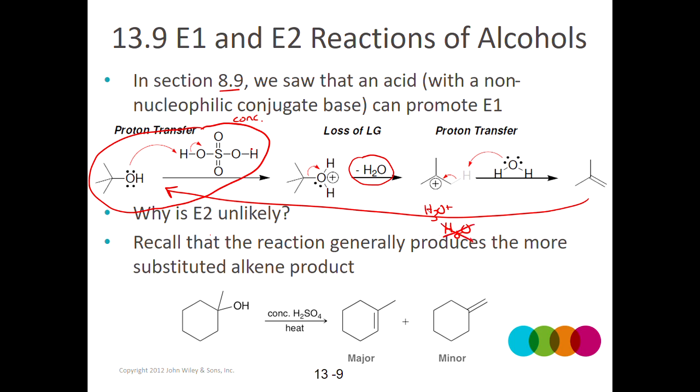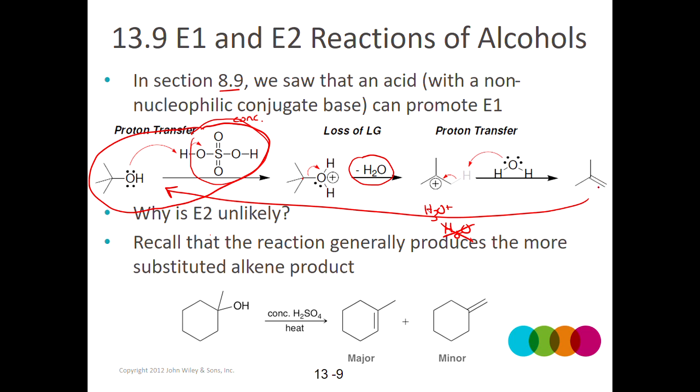So I use a concentrated, strong acid with a non-nucleophilic conjugate base to protonate that and make the oxygen a better leaving group. The resulting conjugate base of the sulfuric acid is really stable and unreactive, so it won't do anything. But then what will happen is, if it's tertiary, especially, the water leaving group will leave behind a carbocation, and another water will pick up a proton to regenerate the catalyst, shifting electrons in to form the alkene.